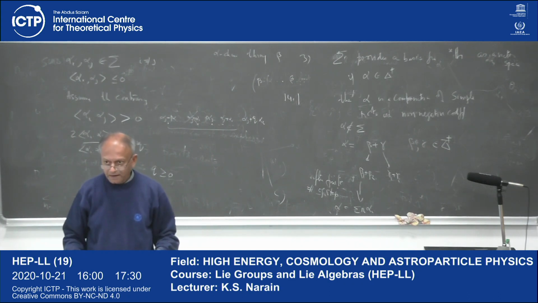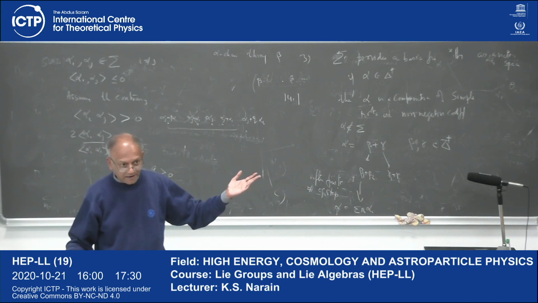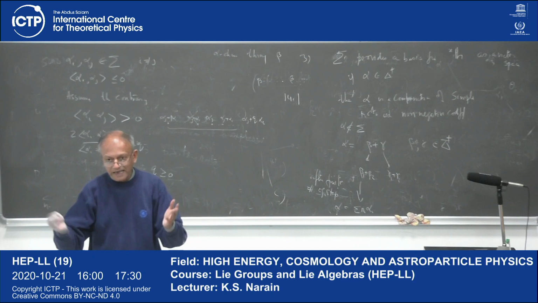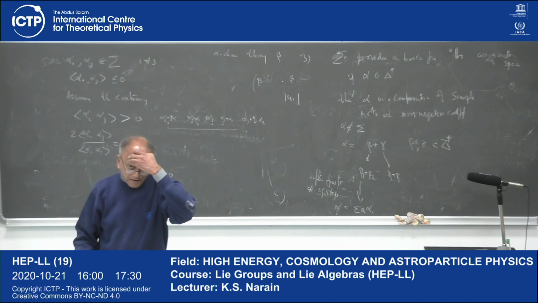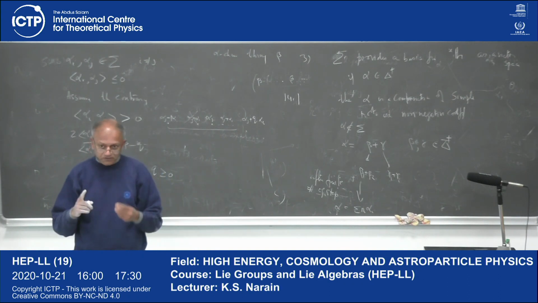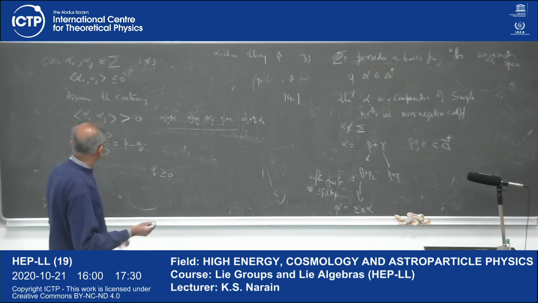So therefore, since we know that all the alphas span the entire H star, and since every alpha can be expressed as a linear combination of the simple roots, the simple roots provide a basis. Right? And this also proves that the number of simple roots is exactly equal to the dimension of the Cartan subalgebra, which is the rank.